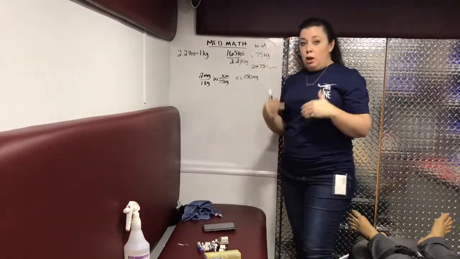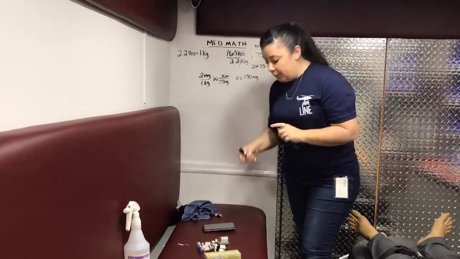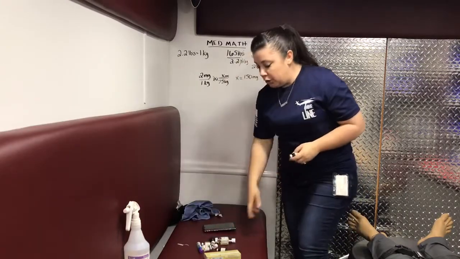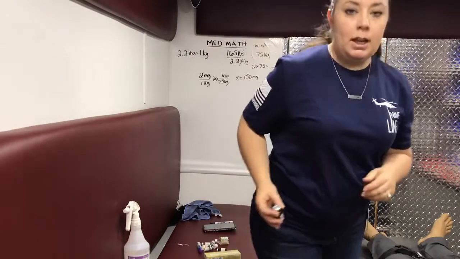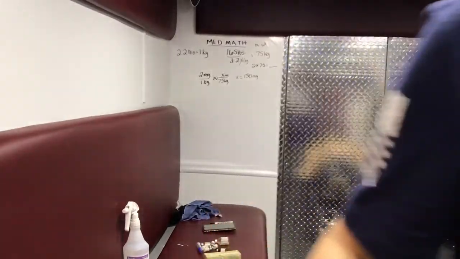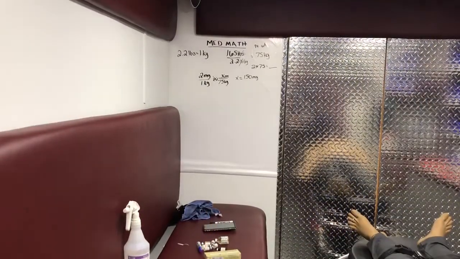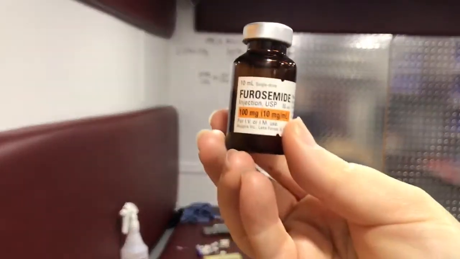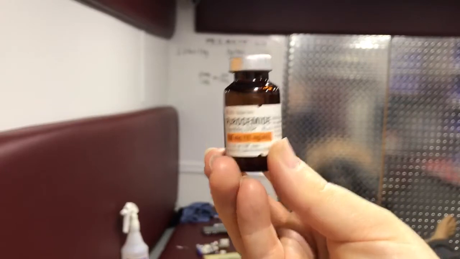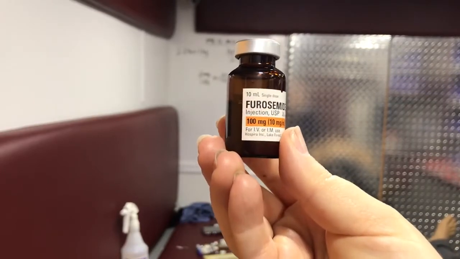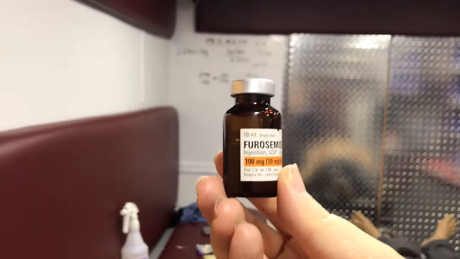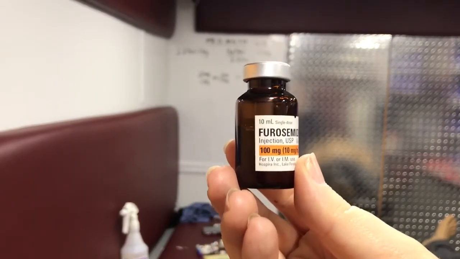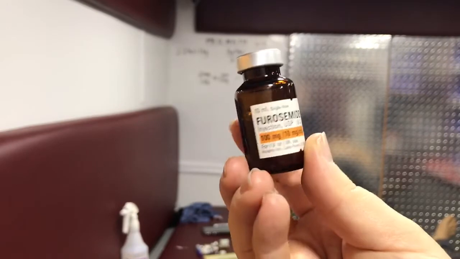Now when it comes to drawing up our medications, let's take a look. I'm going to show you the vial, and then we'll come back and plug it into our calculations so you can see how much fluid or volume we're going to give our patients. Let's look at a vial of Lasix, or furosemide. Up here in the corner, this is a 10 milliliter vial, so there's 10 milliliters in here.